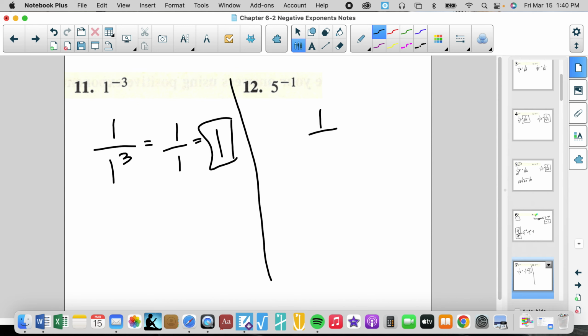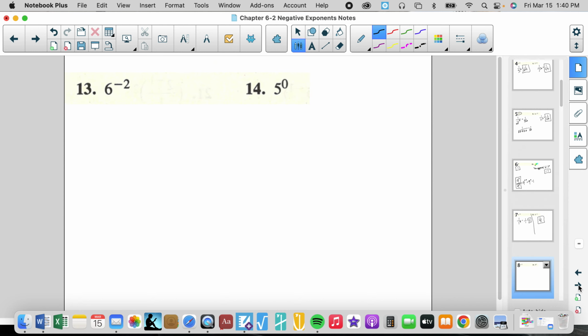5 to the negative 1 is equal to 1 over 5. We put that 5 in the denominator. 1 over 6 to the second, which is 1 over 36.